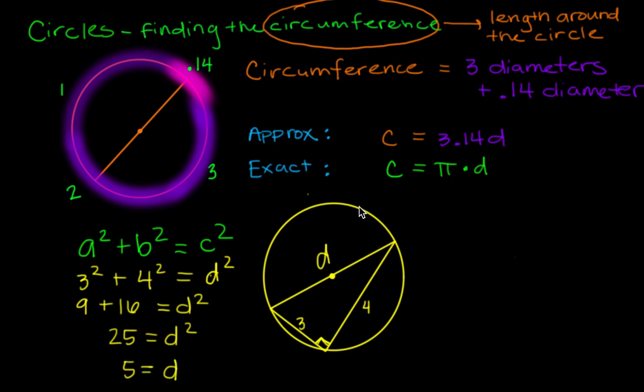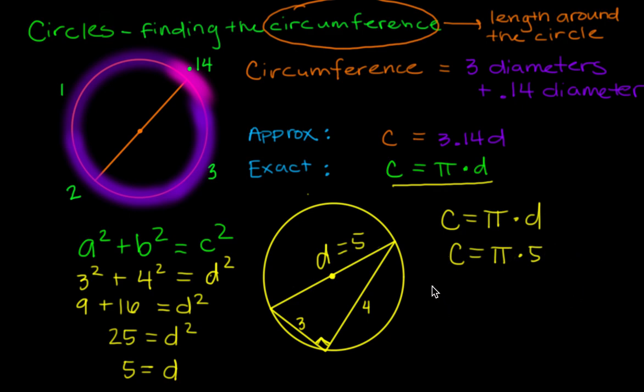Okay, well, now that we know what the diameter is, we can find the circumference of the circle, because we can use the circumference formula. The circumference of the circle is equal to pi times the diameter. And in this case, the diameter is 5, so we're just going to write the circumference is equal to pi times 5. Now you have 2 options here.